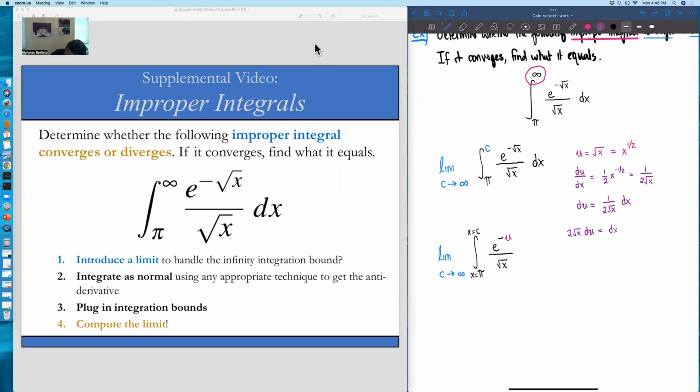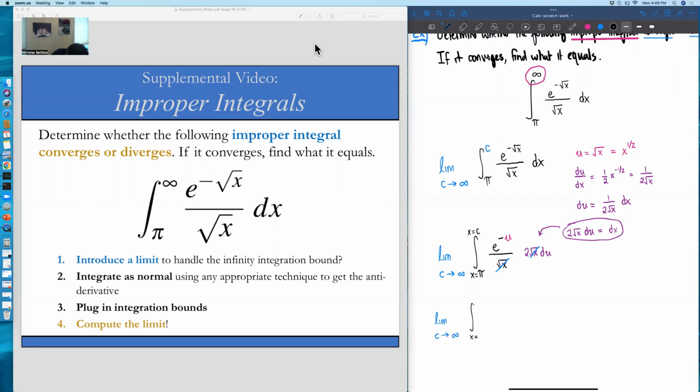So swapping in again the dx for du, this is times 2 square root of x du. And we can see some cancellation here. Like I said, those square roots of x will cancel out. What this integral will equal is, well, we still have that limit hanging out with us.